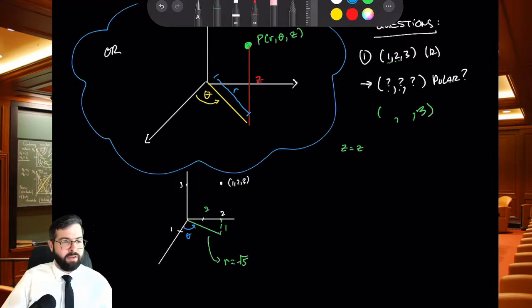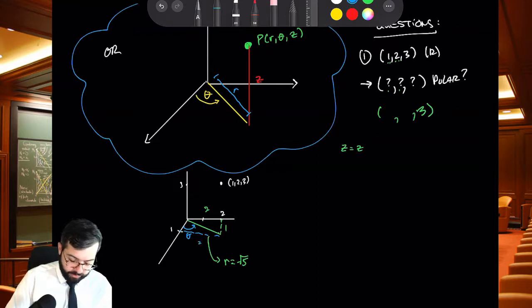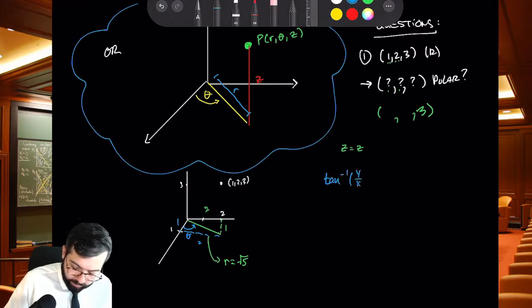Well, theta we're going to have to figure out from, I mean, we could use this triangle that we have. You could use this triangle over here, because you know that you've got 2 and 1 here, so you could use arctangent. It's typically the best one to use for this, right? Why is arctan the best? Well, arctan of y over x gives us theta.